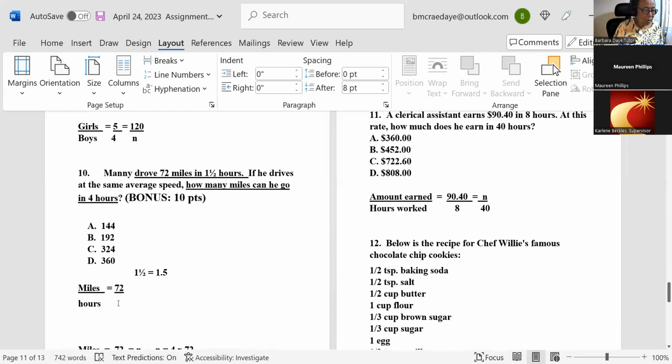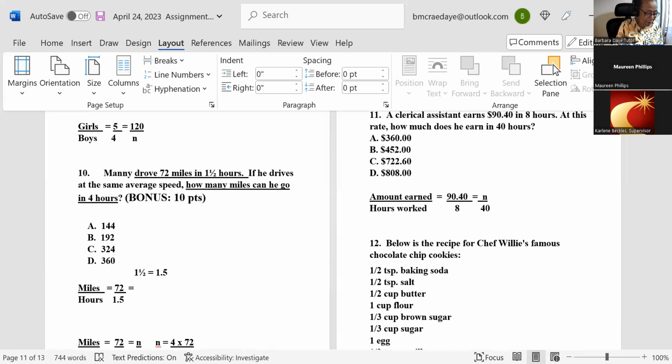So that's 1.5, and that's the hours. Now, what are we looking for? How many miles he will drive in 4 hours.